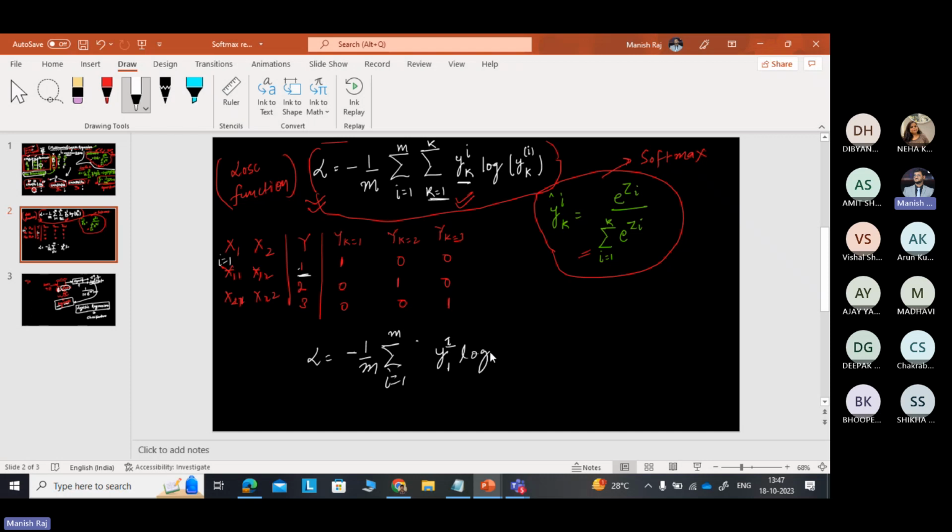Now log y1, this is the predicted one. Now if I use this formula it will come directly as 1. Let me write everything: here you will get 2 1 plus log 2 1, and plus y3 1 log 3 1.